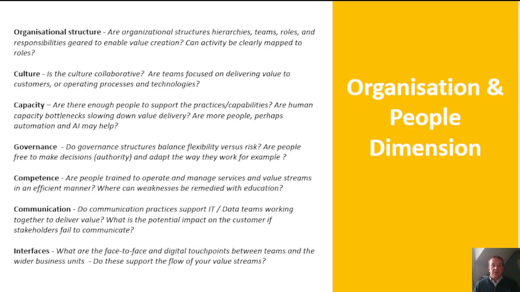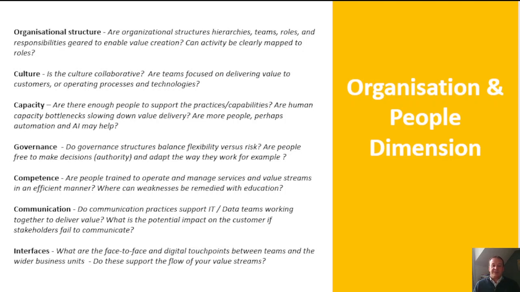Communication, so have a think about communication practices. How are your IT and your data team perhaps working together? Are they separate, or are they both delivering value? Are they working collaboratively, or are they working cooperatively?